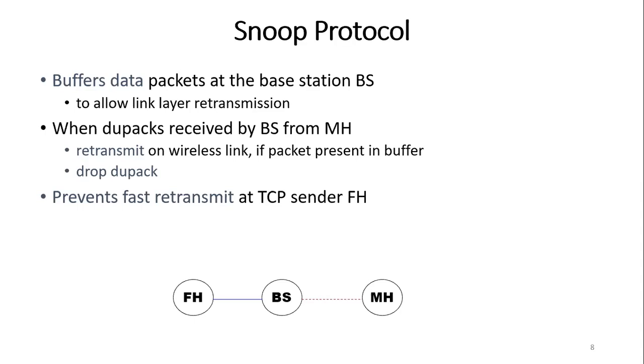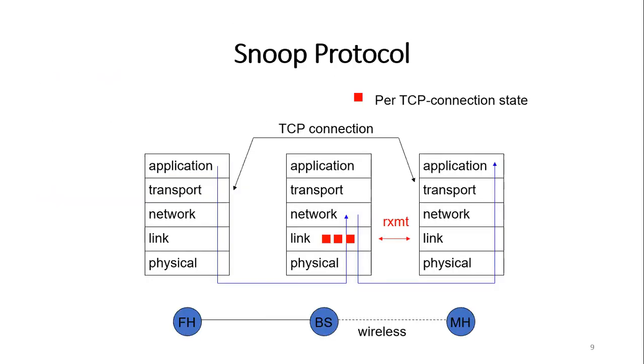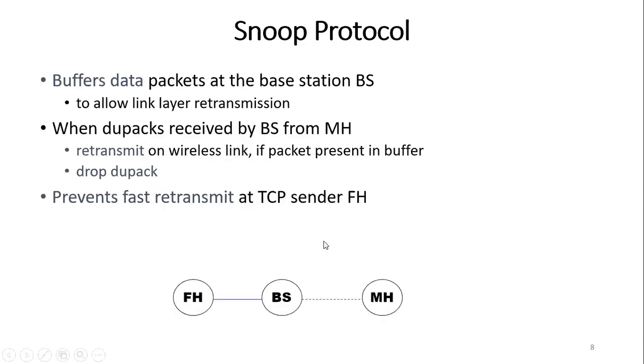So the base station rather buffers. It is not done at the TCP layer. Rather, some lower layers are used for this buffering, and the buffered packets are then retransmitted over the TCP.